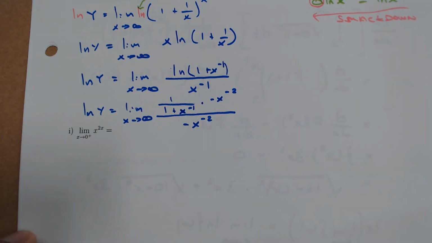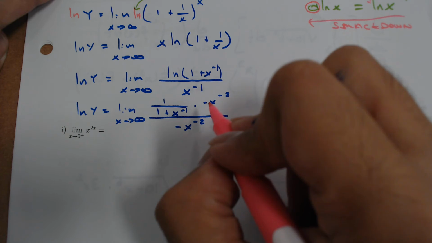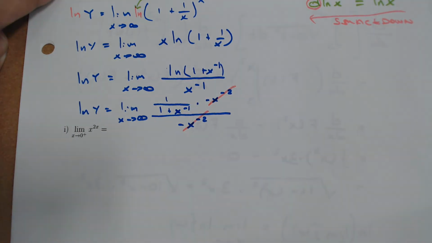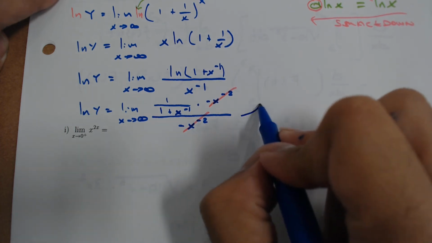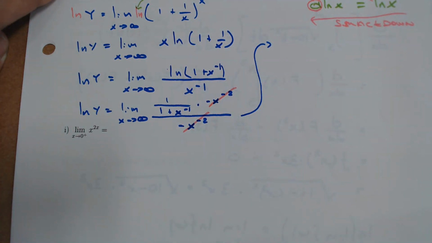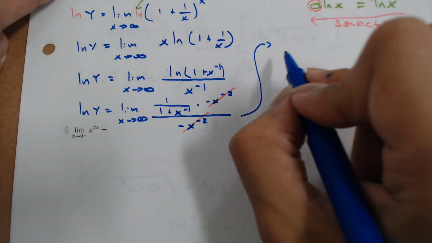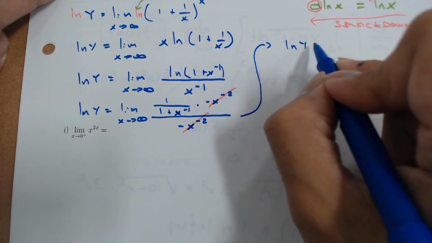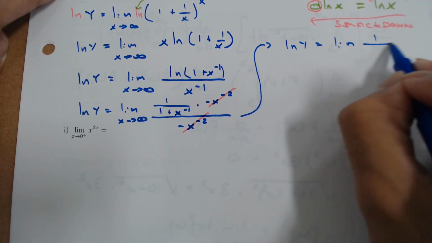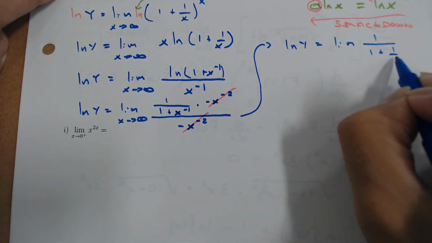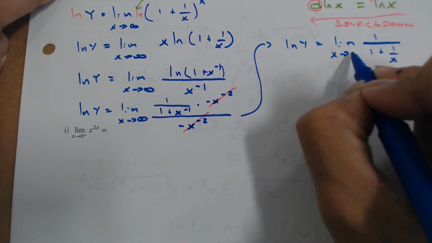All right? And yes, this one looks a little crazy, but notice how this reduces really nicely. Let me keep going here. We will be left with ln of y equals the limit of 1 over 1 plus 1 over x. In this case, we have a complex fraction.